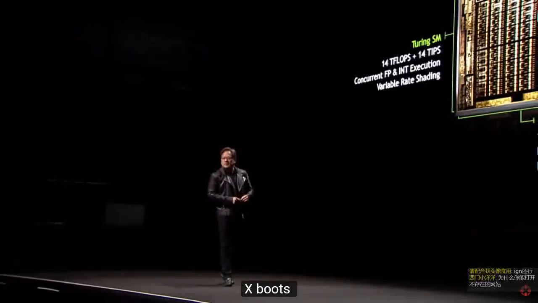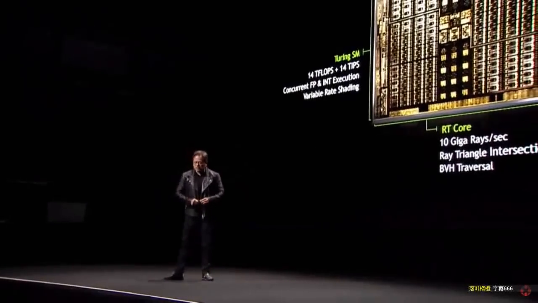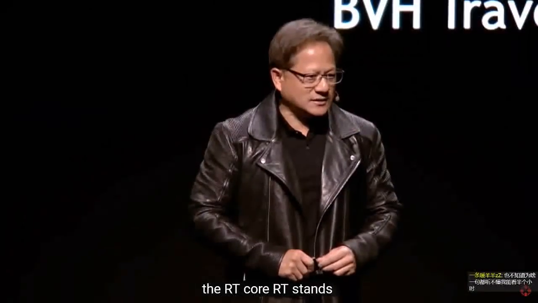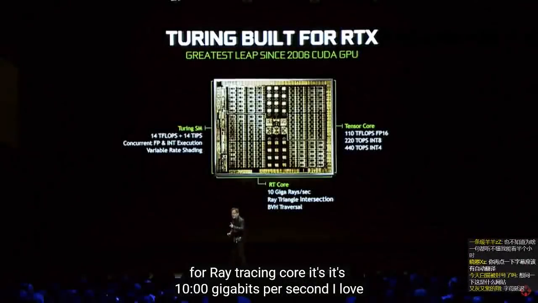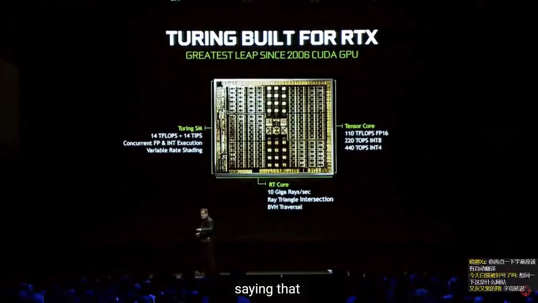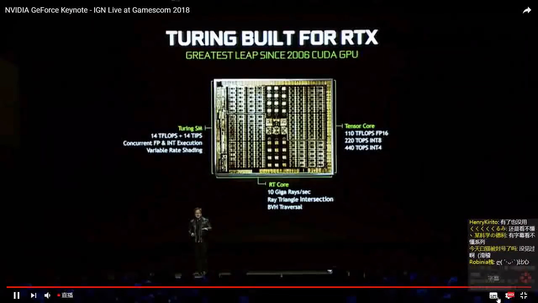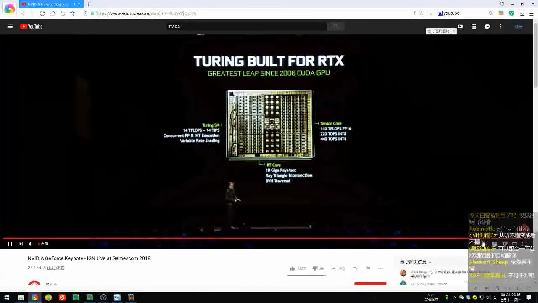The second is a processor we call the RT core. RT stands for ray tracing. Gigarays per second. I love saying that. 10 gigarays per second. A 1080 Ti, the fastest GPU in the world today, does 1.21 gigarays.